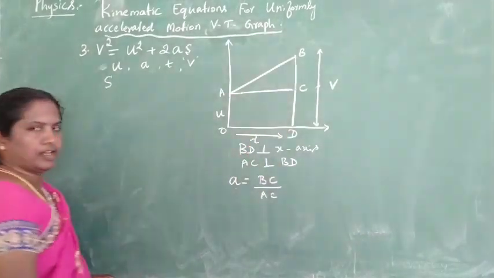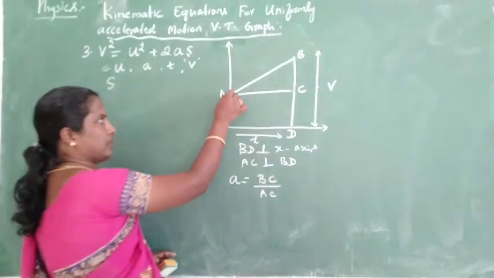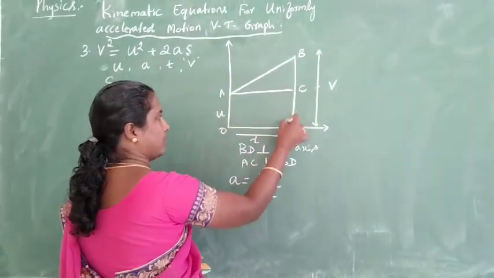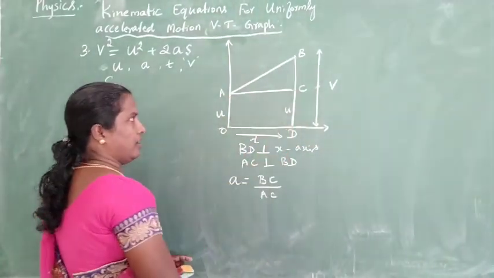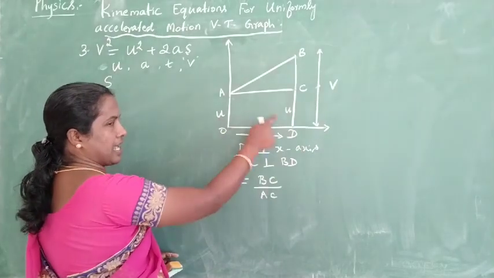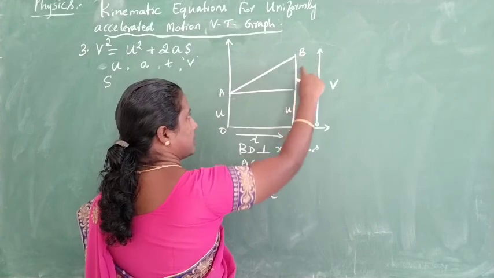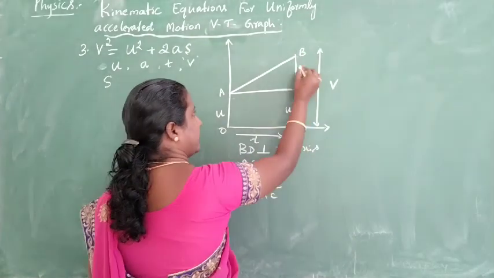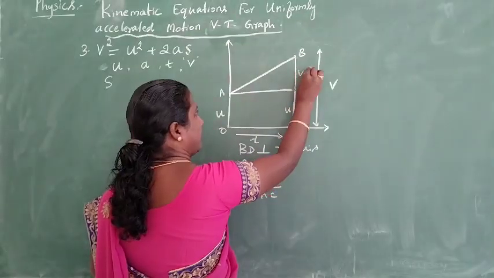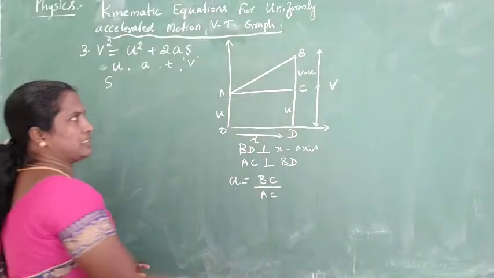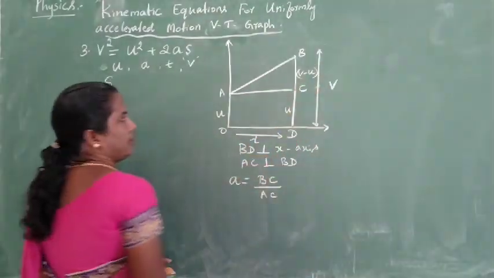Now what is the value of BC? OA is u, and CD is also u because the opposite sides of a rectangle are equal. BC is BD minus CD, so BC can be written as v minus u.